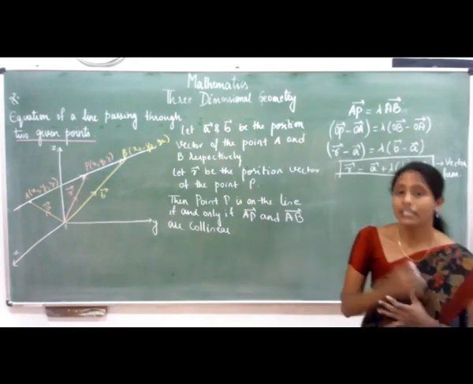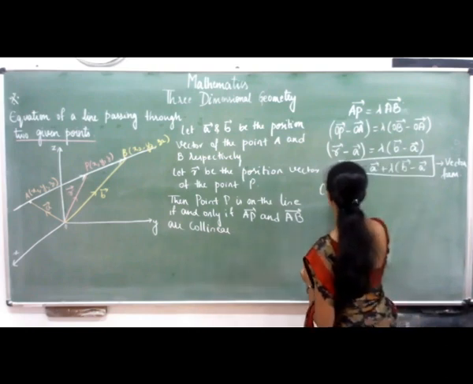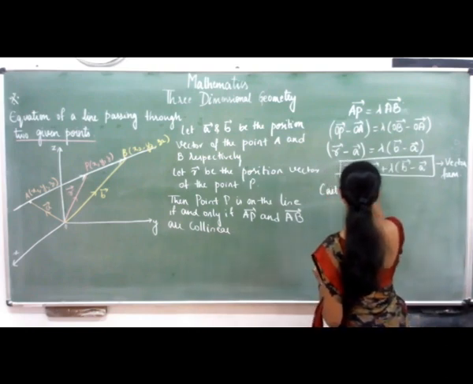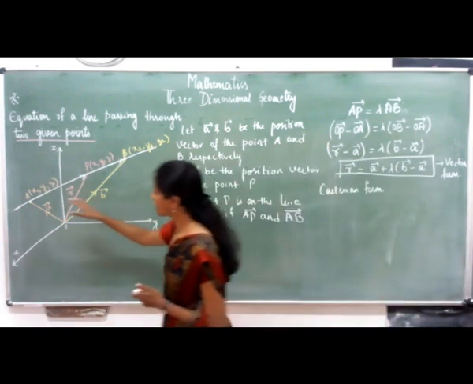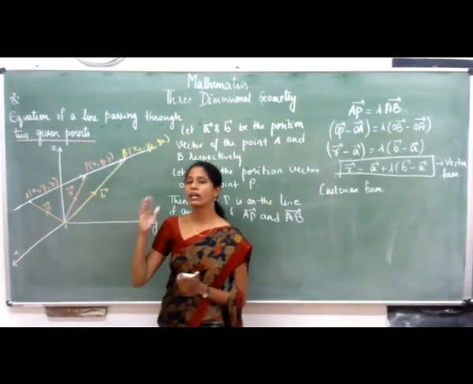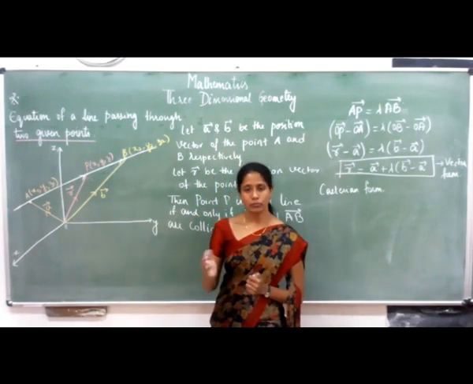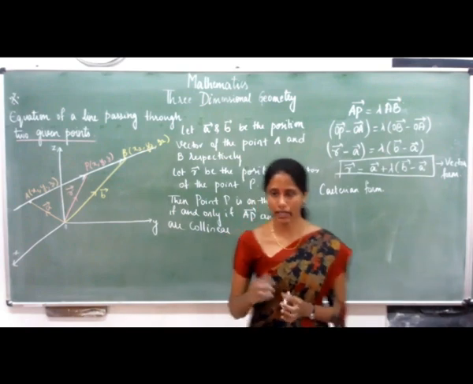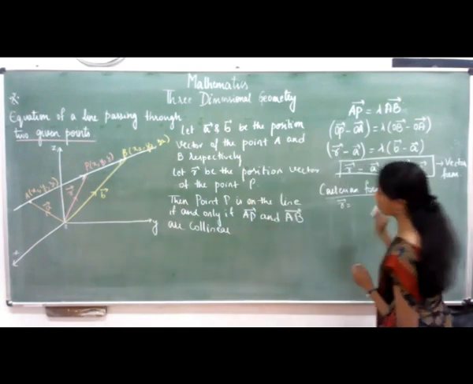Now let us derive the Cartesian form. Since we know the Cartesian coordinates of the points A, B and P, we can write the component form of the vectors.